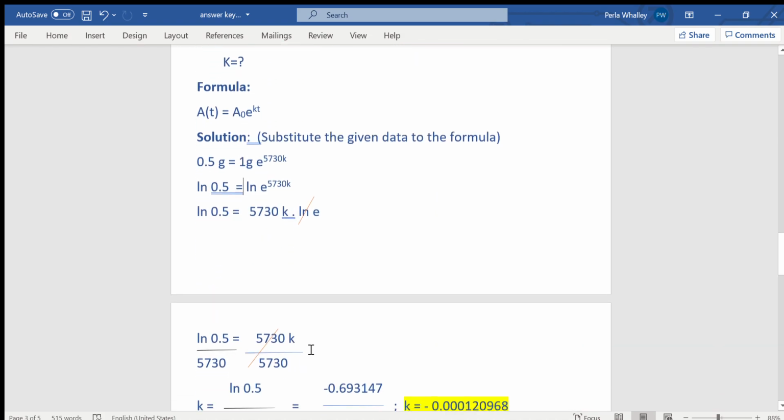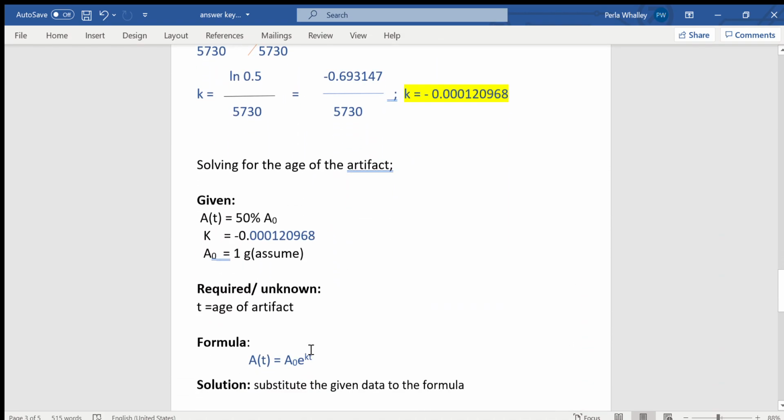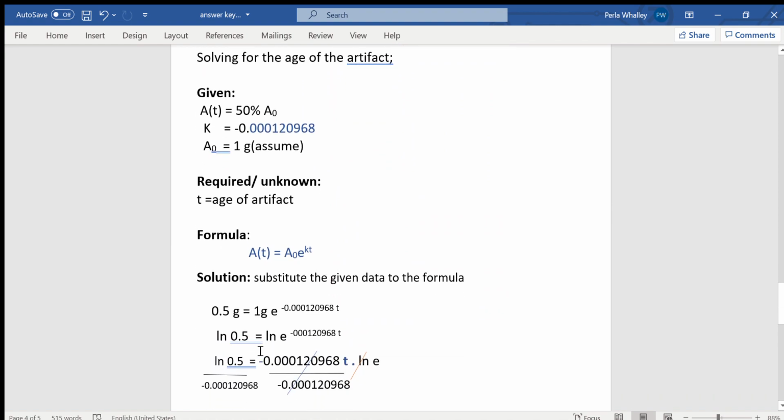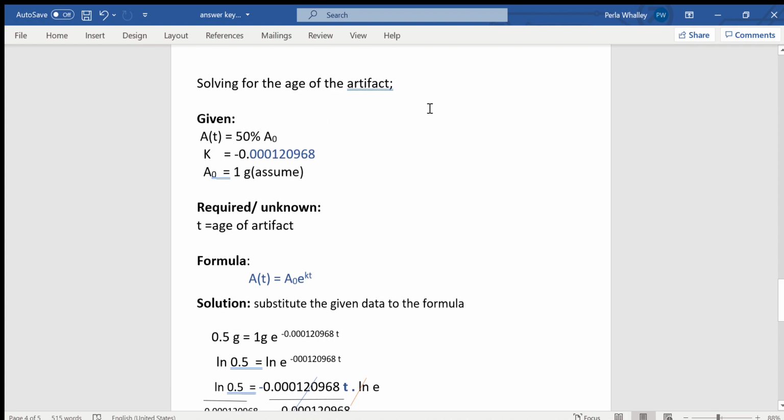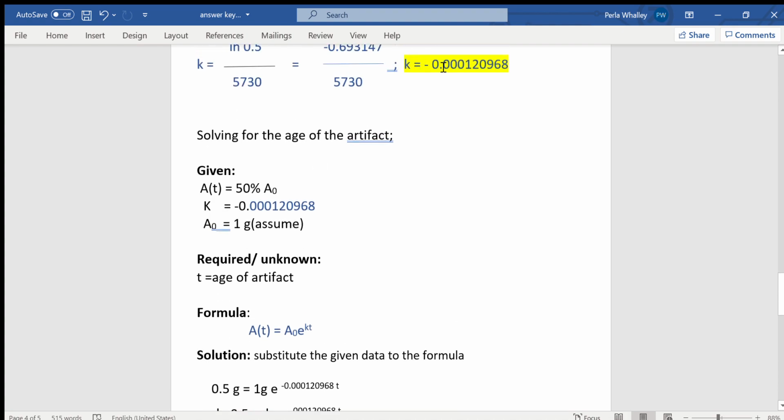So that is why we will use it here. The final amount is equal to 50% of the initial amount. The decay rate is the one that we just solved here.